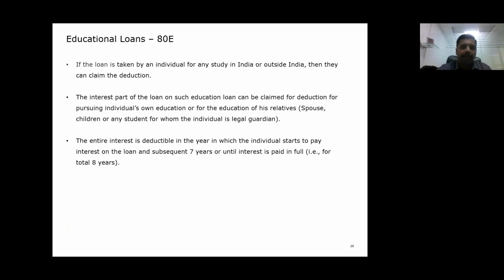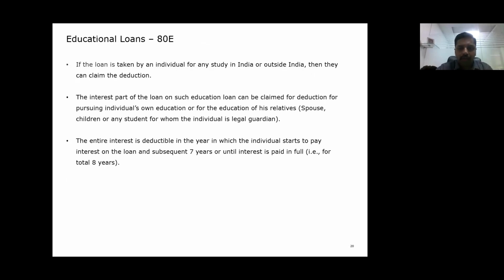Then comes 80E, educational loans. If the loan is taken by an individual for study in India or outside India, even foreign education is covered here, then they can claim deduction. So what is the deduction amount? There is no specific limit for the deduction amount, but only the interest repayment is allowed as a deduction.